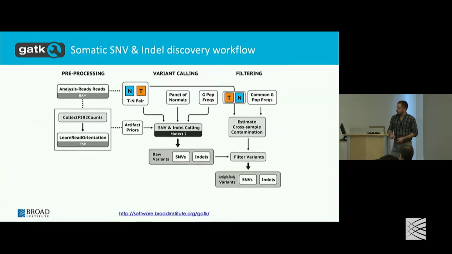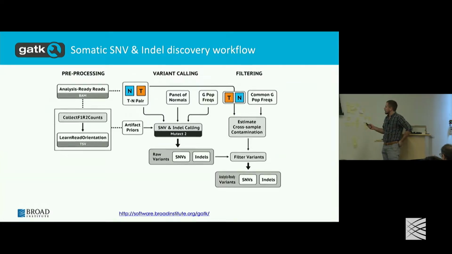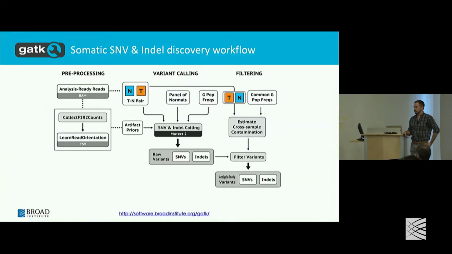And if we also consider the fact that we have a vastly overwhelming majority of artifacts, then calling those very low allele fraction events becomes very hard. And therefore, a lot of the workflow is filtering, because we need to be able to get rid of a lot of false positives that will come up when we try to call those allele fraction events.